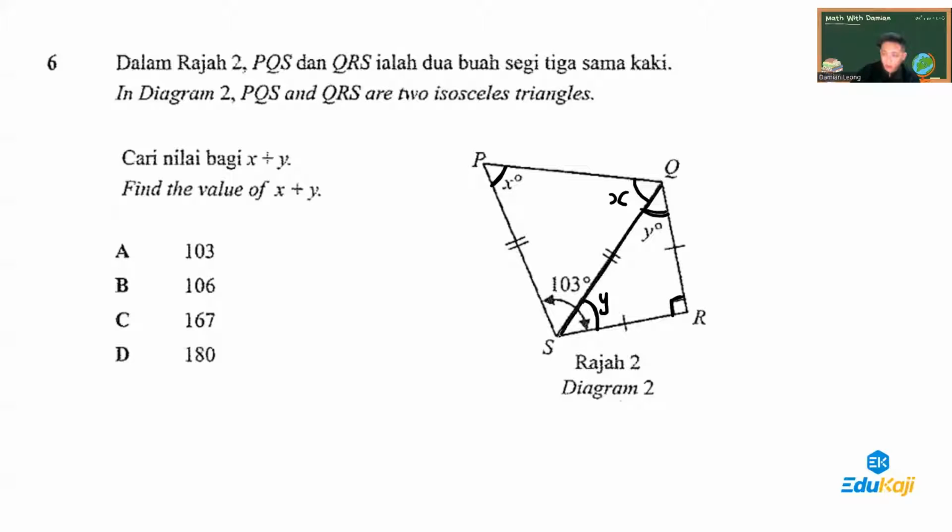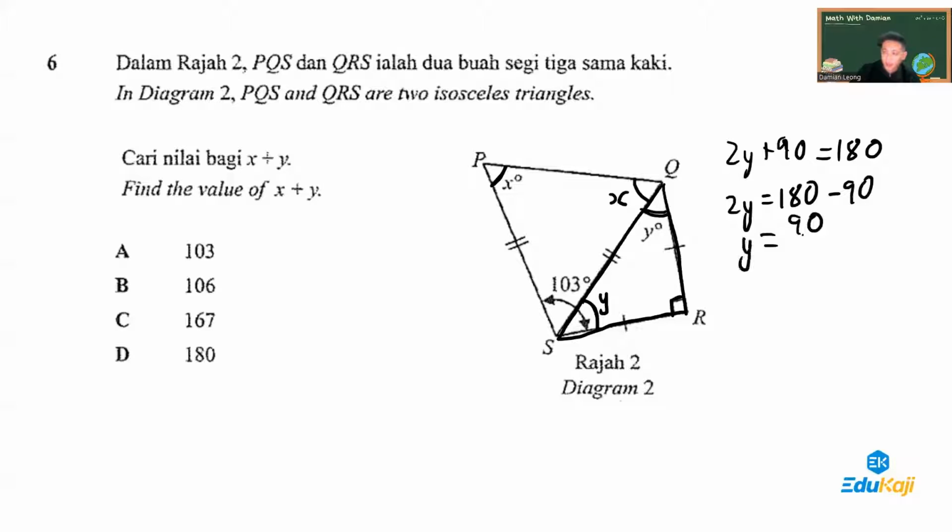So I can use this triangle. Total angle in the triangle is 180. Means 2y plus 90 is 180. 2y would be 180 minus 90, then divide by 2. So y is 45. If here is 45, this angle here would be 103 minus 45, which is 58.